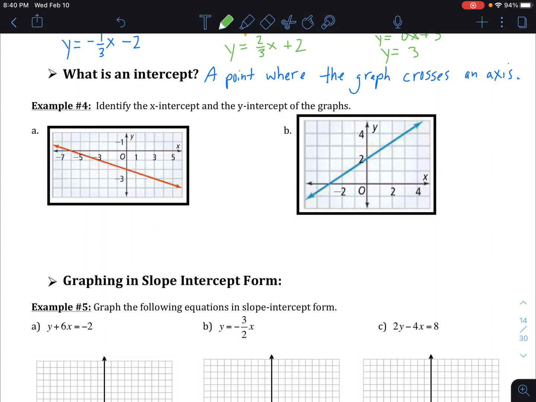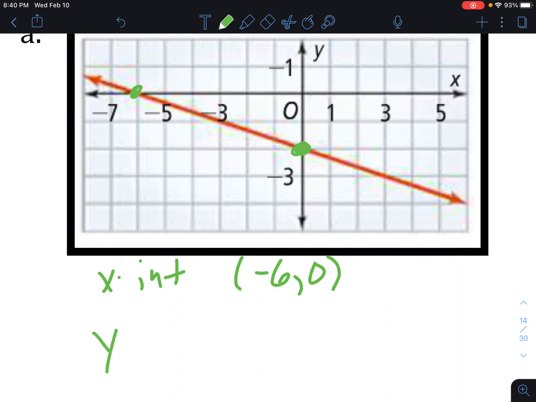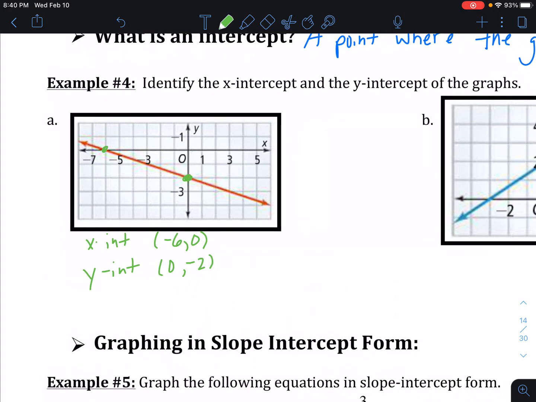So, example 4, we're going to identify the x-intercept and y-intercept of the graphs. So the x-intercept is right here. So the x-intercept is the point -6, 0, and the y-intercept is the point 0, -2. Okay, and that's all we have to do there.